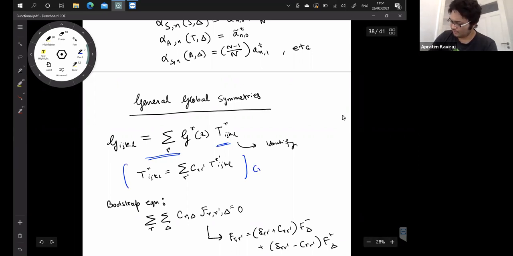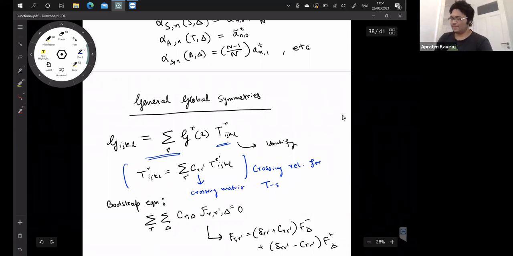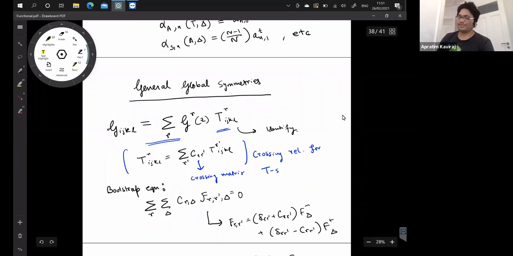It's a crossing relation for the tensor representations, and it is expressed in terms of a matrix called the crossing matrix. And the whole Bootstrap equation can now be expressed in the following way.